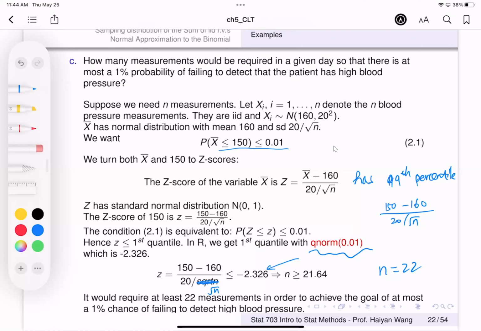Once we convert to the standard normal Z, the percentile of the Z becomes 150 minus 160 over the standard deviation, and Z has a percentile that we can easily obtain without relying on anything unknown. So making the two percentiles equal allows us to solve for the unknown n.